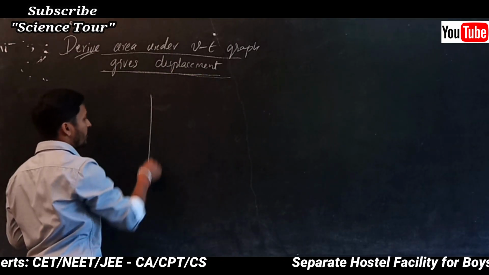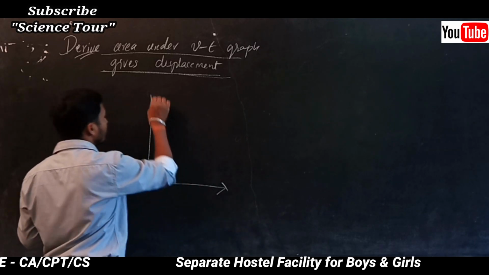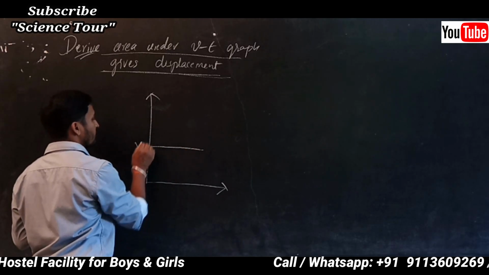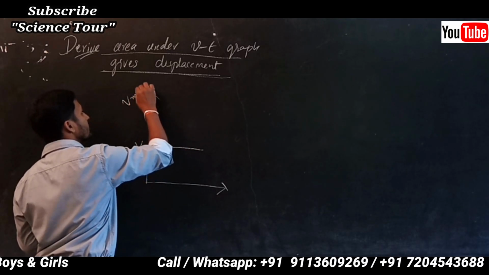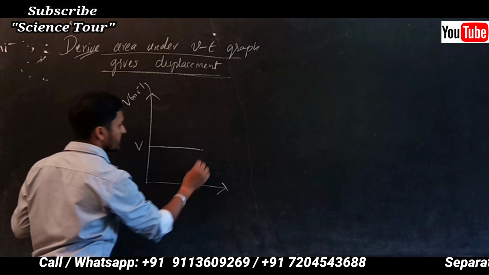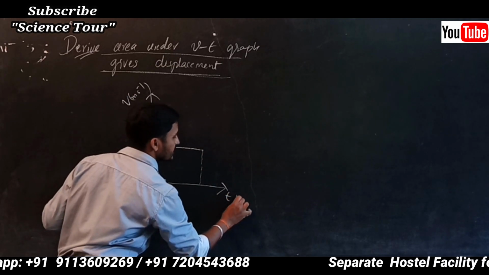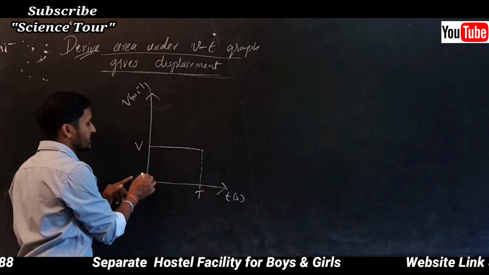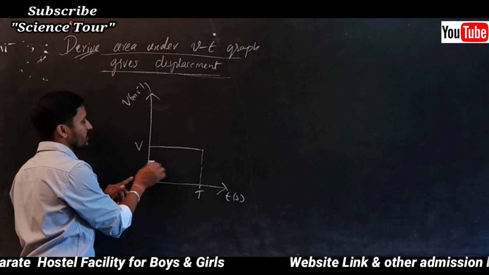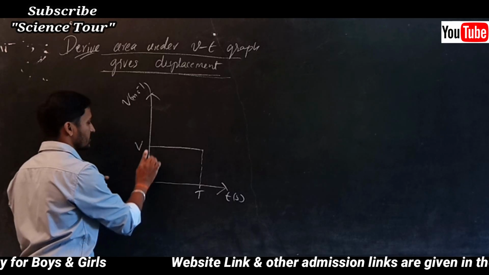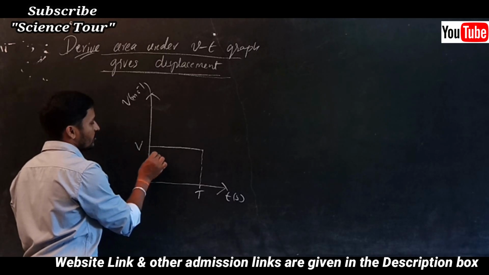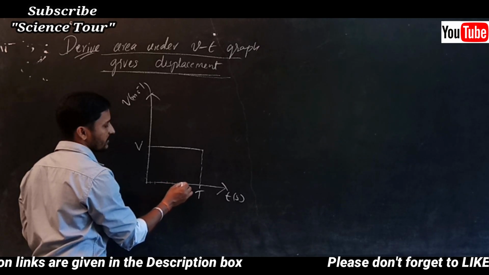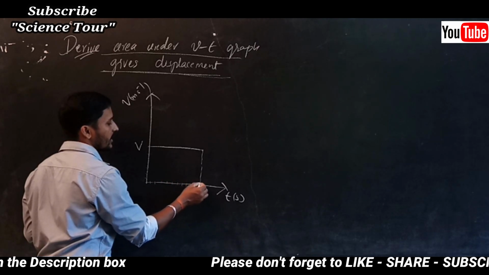I am going to write down a typical vt graph, at constant velocity v meter per second, and time t in seconds. Take 1, 2, 3, 4, 5, 6 meter per second on the velocity axis, and 1 second, 2 second, up to 11 seconds on the time axis.